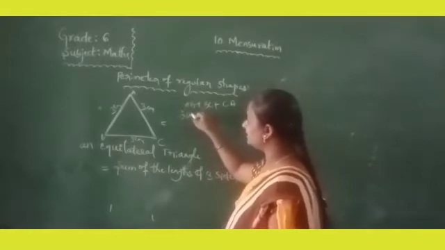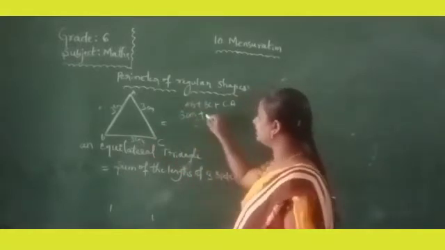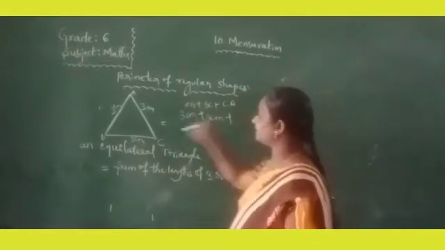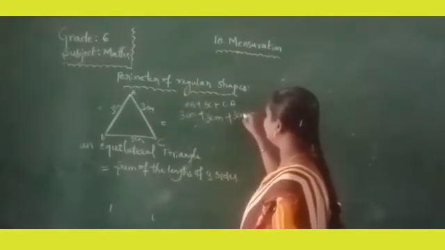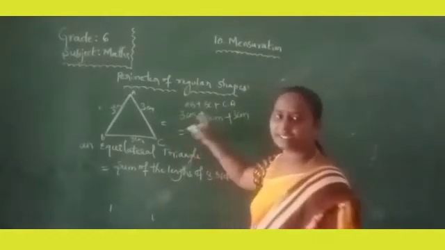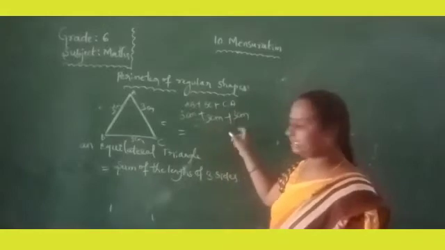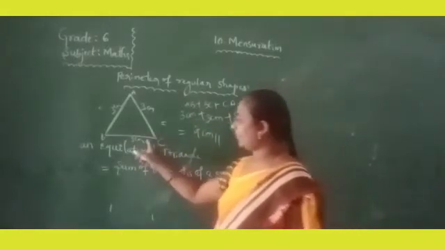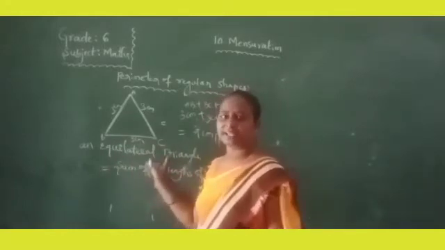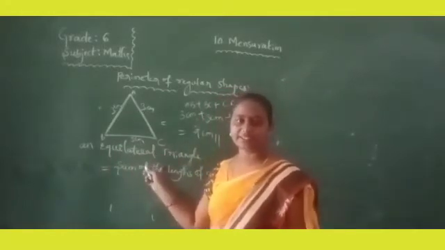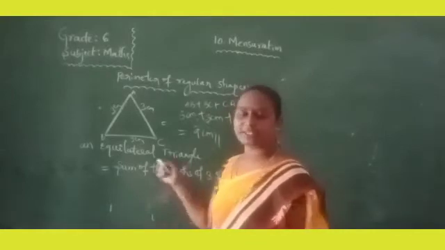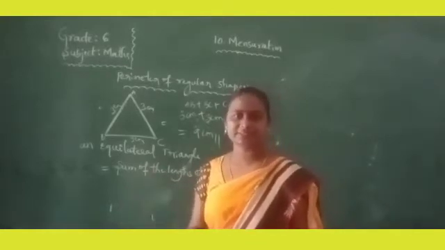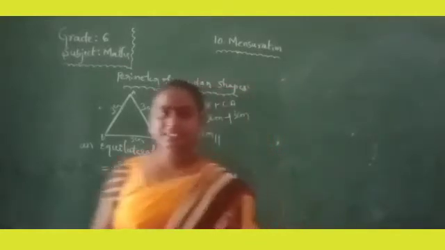AB is 3 centimeters, BC is 3 centimeters and CA is 3 centimeters. Then the total is 3 plus 3, 6, plus 3, 9 centimeters. This is the perimeter of an equilateral triangle. So the triangle perimeter is the sum of the lengths of three sides.